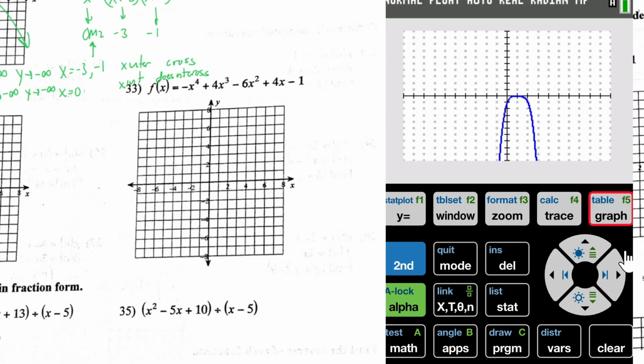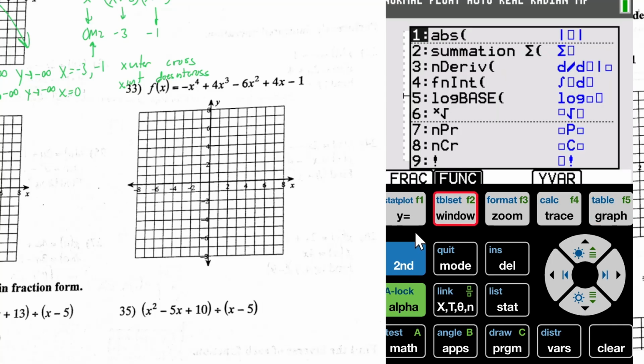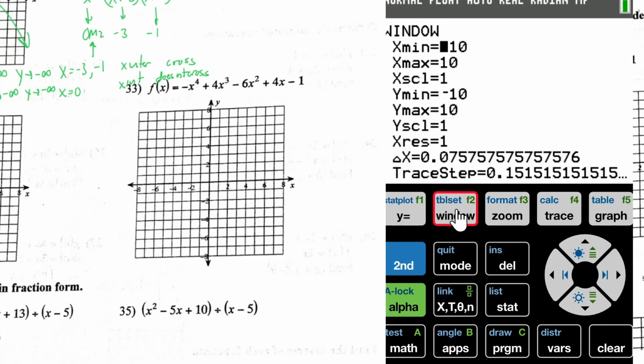So I guess I should zoom out and make sure it's not bigger. So yeah, I'll do that real quick. Window. There we go. So I'll just go really big. I'll say 100. Just to make sure.